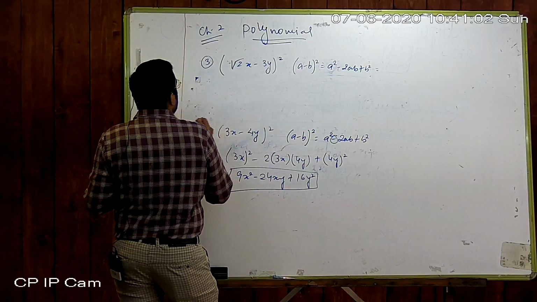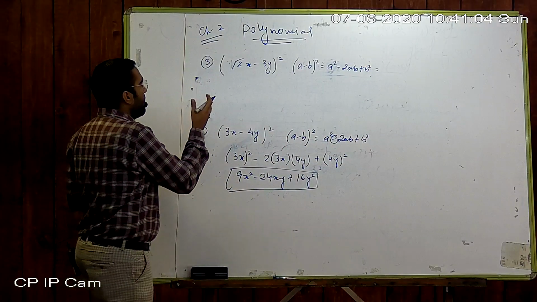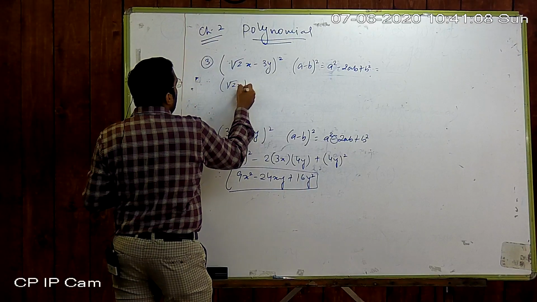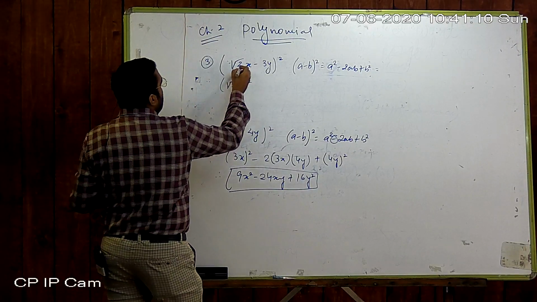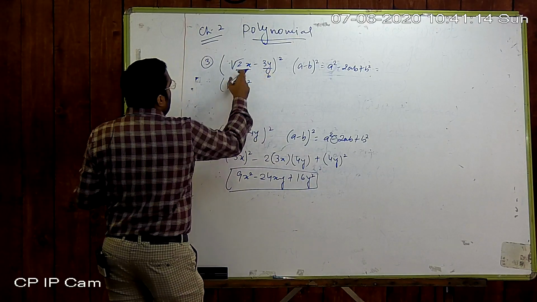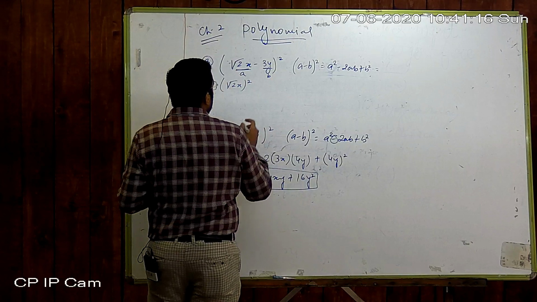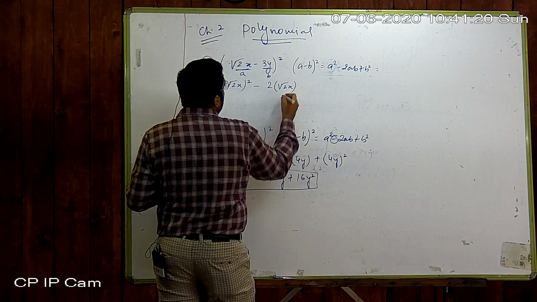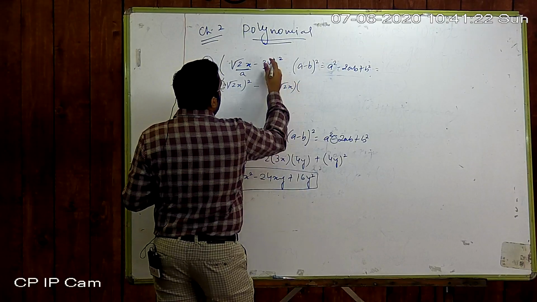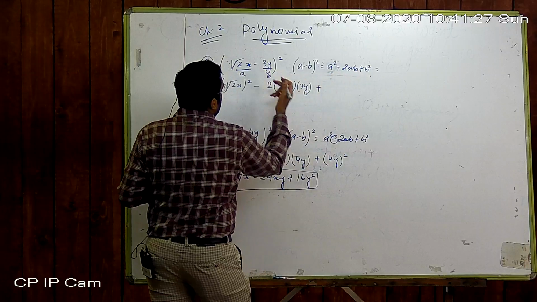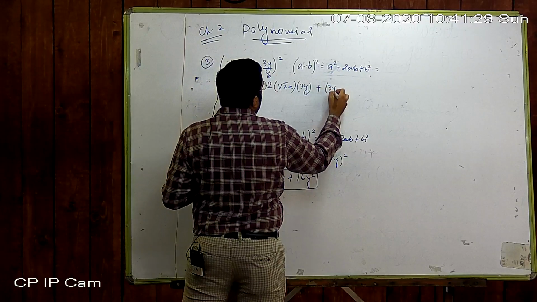My first term is a and second term is b. So a square means root 2x square, minus 2 into root 2x, that's the a, and b as 3y, plus b square means 3y square.